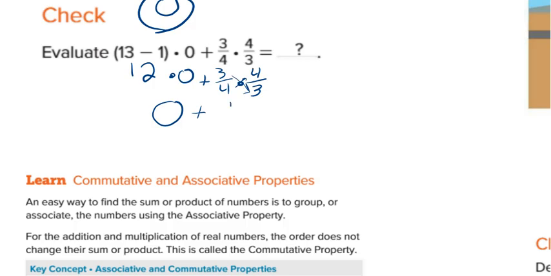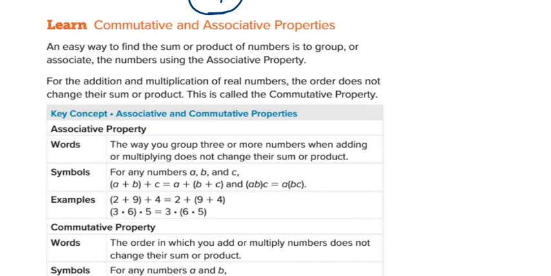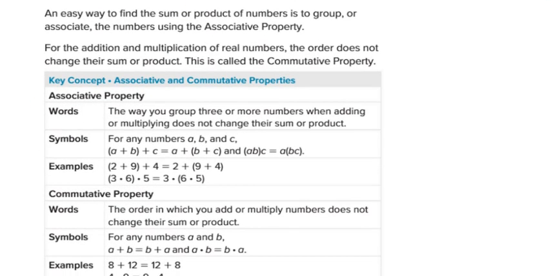So 12 times 0 is 0 by our multiplicative property of 0. Then we have 3/4 times 4/3. So if you notice, they flip it, so that's multiplicative inverse, which gets you 1. So now we're at additive identity, because we have 0 plus 1, which is 1.